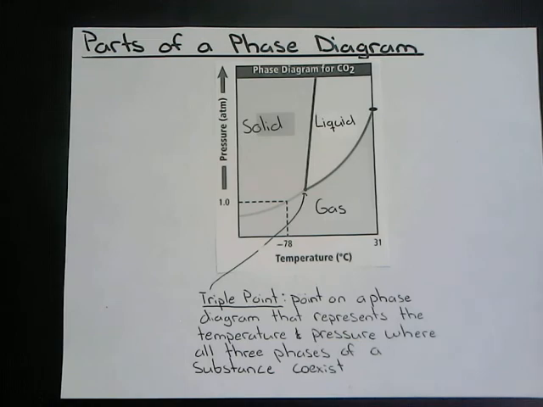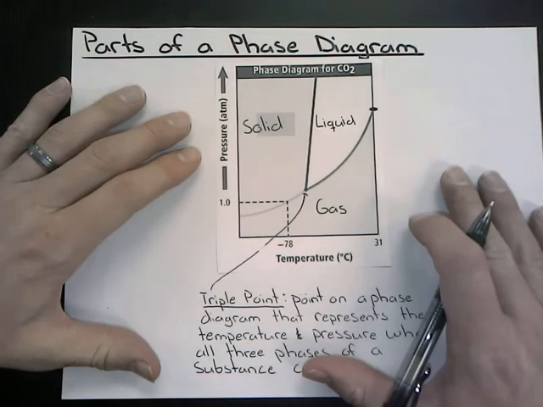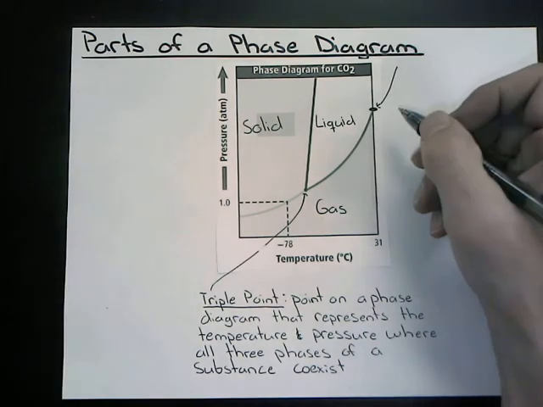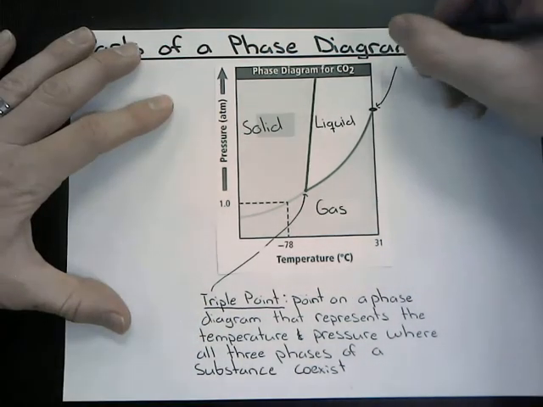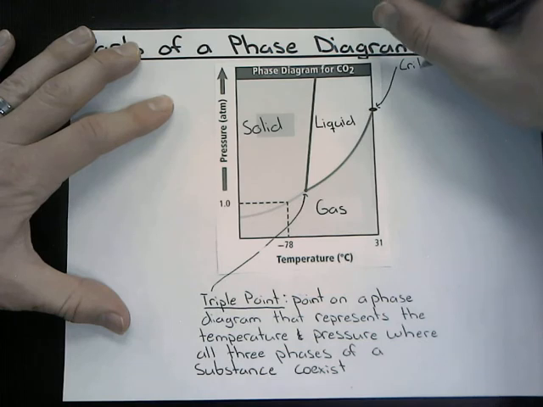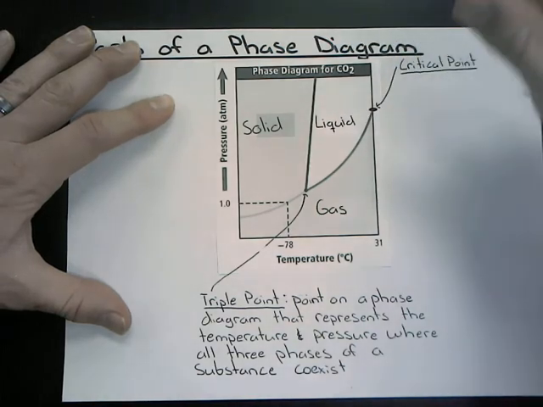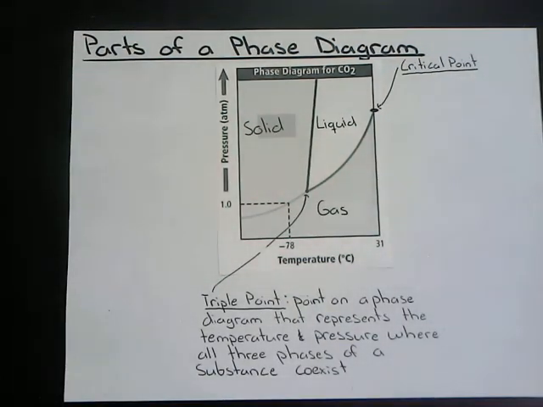Now, the other point I want to talk about here on our phase diagram is this point right here at the top. Now, this point here is known as the critical point. Now, the critical point is the point on a phase diagram that shows where a liquid and gas coexist and is the location of a supercritical fluid.